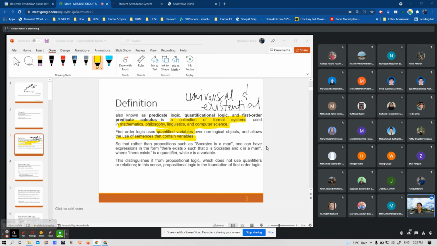This distinguishes it from propositional logic, which does not use the quantifier or relation. Basically, in first order logic, we use the relation. In this sense, propositional logic is the foundation or fundamental of first order logic.